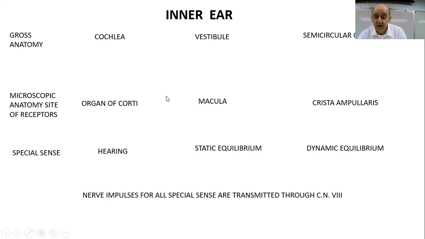The receptors in the macula detect that and communicate that to the brain. Same way, if you bend your head sideways, left or right, the receptors in the macula will inform our brain that our head is being bent or positioned away from a normal position. So this is the special sense called static equilibrium.